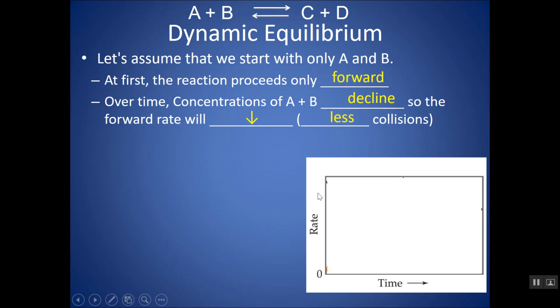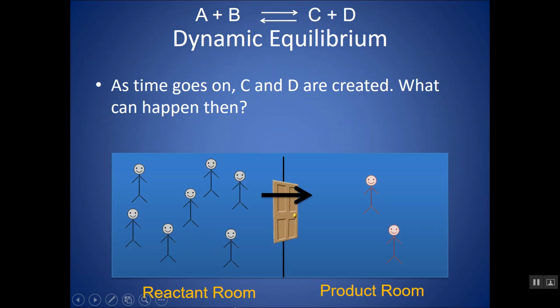So if I was going to show you a graph of rate versus time, which we'll fill out slowly, we would start with our highest rate if we're looking at the forward reaction, because I have the highest concentration of reactant to start with if I start with all reactant. And over time, the slope of this is going to start leveling off as the rate decreases as reactant is used up.